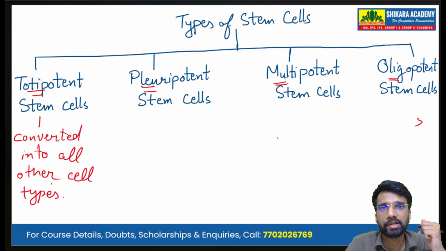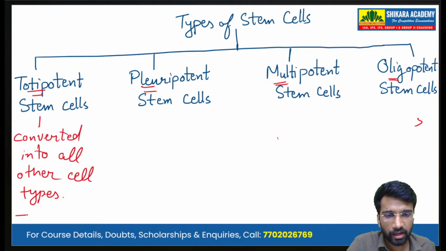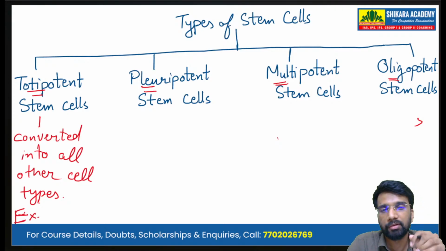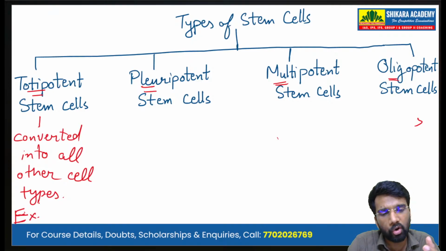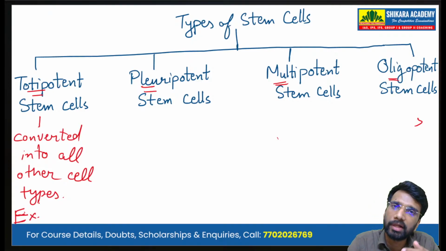That is the body cells, the umbilical cord cells, and the placenta. So a totipotent stem cell is a cell that can be converted into all the other cell types, that is all the cells of the body, and the cells of the placenta.